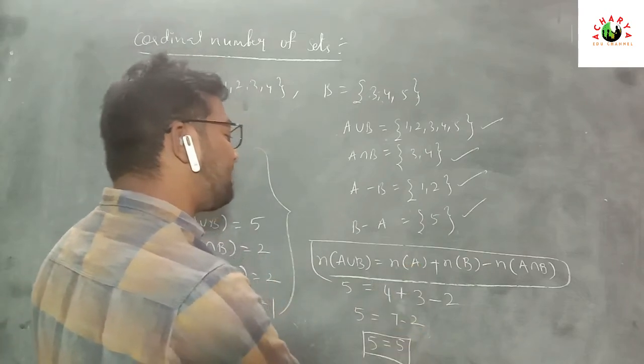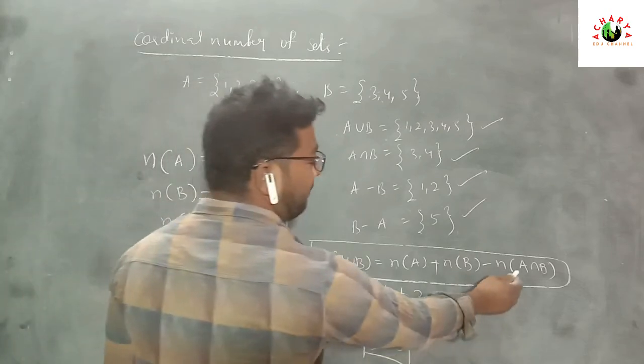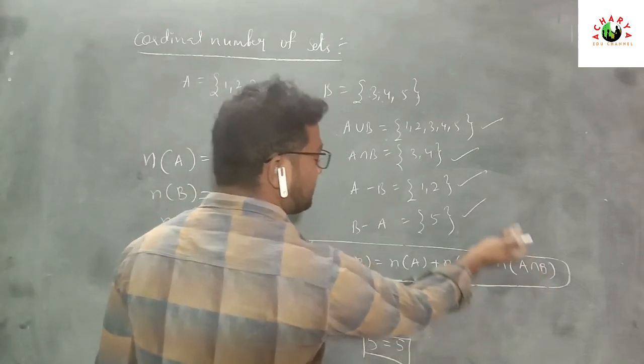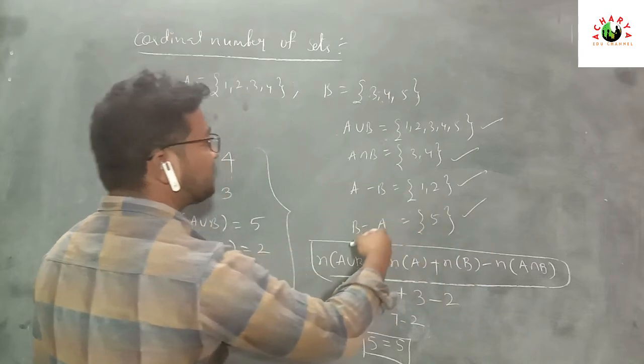According to this formula, what is n of A intersection B? If n of A intersection B comes to this side, the positive becomes plus.